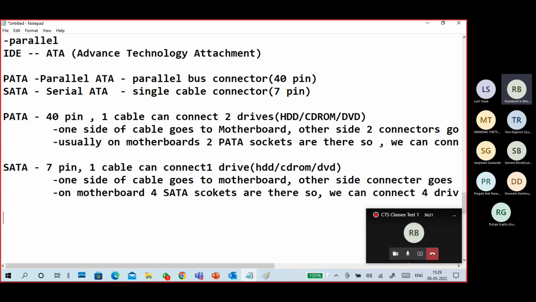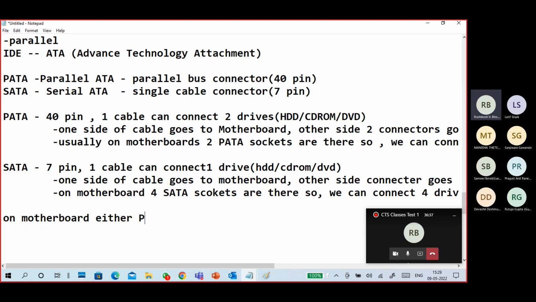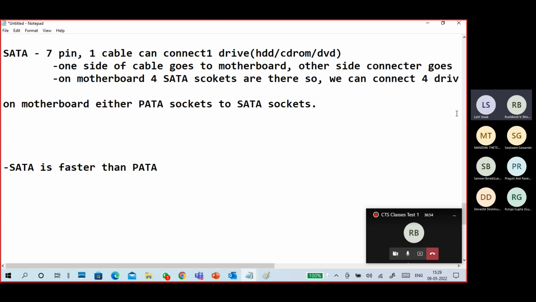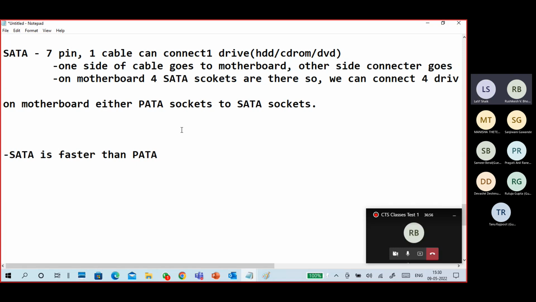Guys, remember, on a motherboard you have either SATA sockets or PATA sockets, generally not both.